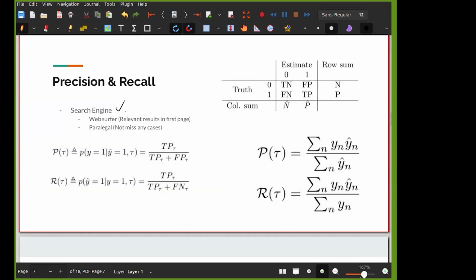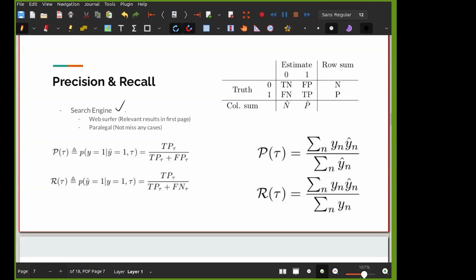And if you're a web surfer, what you really care about is that the relevant results are in the first page. But let's say if you're a paralegal, then you might be fine with a lot of mistakes in the first page, but you don't want to miss any cases in the first 5 pages, let's say. You really want to explore exhaustively, and you don't want to miss any cases which are relevant to your query. So that's another situation, right?